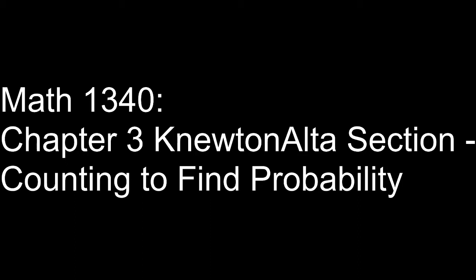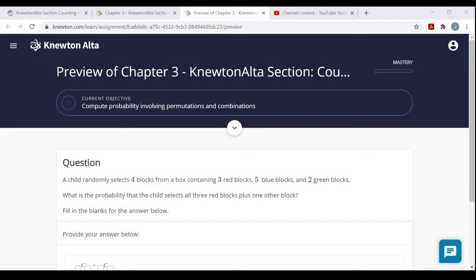So this section just expands on that, and we're going to be finding probability in the usual way. Remember, the probability of an event is the number of ways that event can happen divided by the total number of possible outcomes. So we're just going to be counting how many ways can an event happen, and then we'll count how many possible outcomes there are, and then divide those for probability.